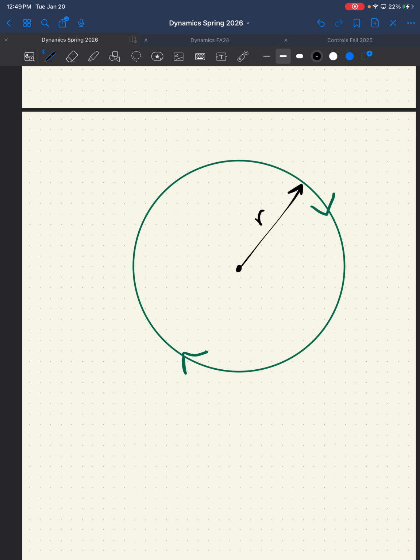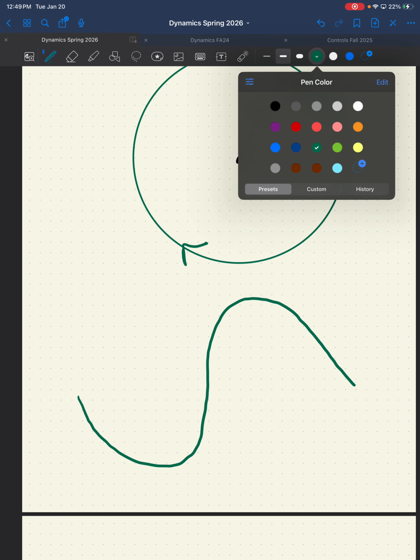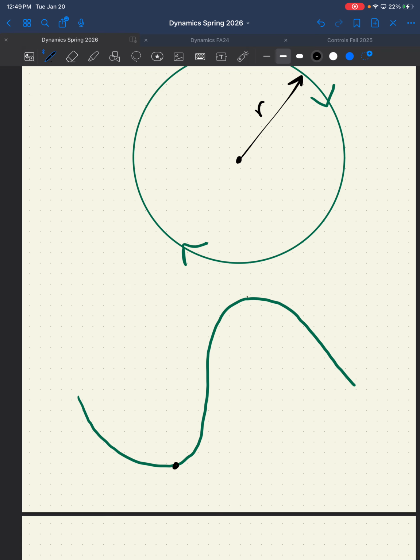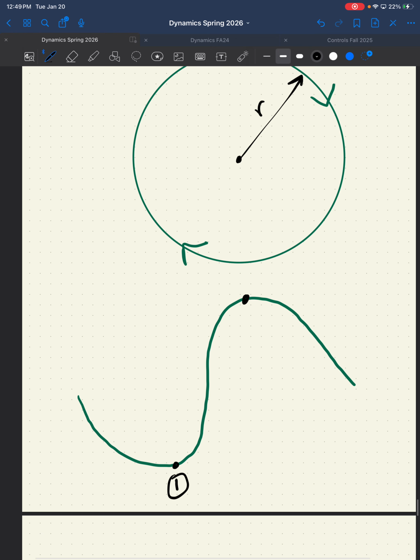Let's talk about a path that looks maybe something like this, and we'll talk about here and here. If I'm at this point, position 1, if you were to draw a circle to try to match this teeny tiny little part of the path, right where that particle is, would you draw that circle here?